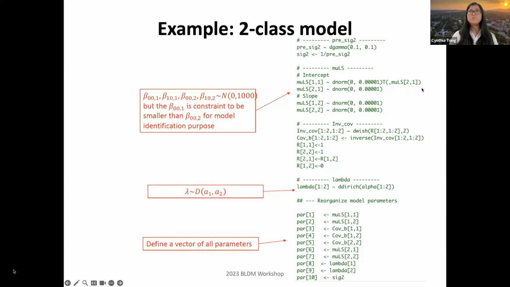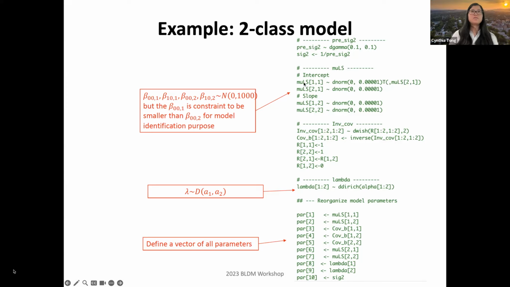Because we want to make sure that the labels are not switching, because the ordering of the classes is not defined in a growth mixture model. So we can add this constraint to make sure class 1 always stays as class 1, and class 2 always stays as class 2. So the labels are not switching.